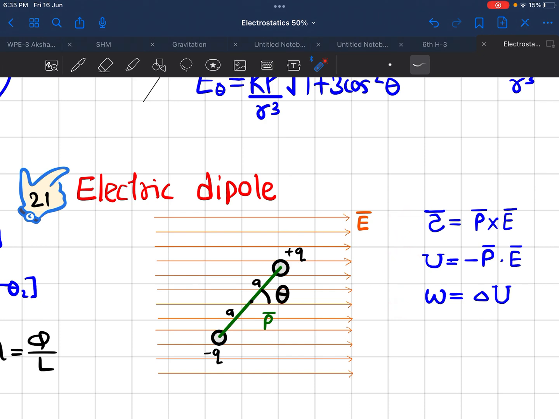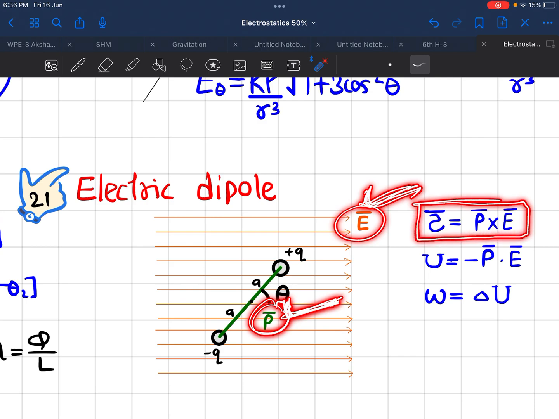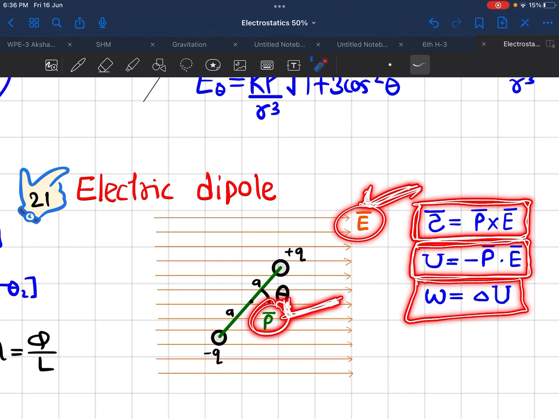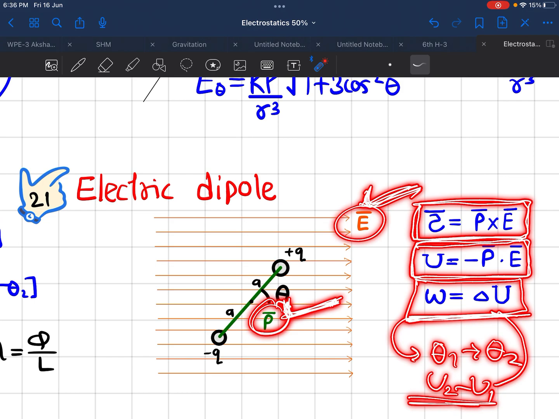If E is the electric field intensity and p is the dipole moment, then the torque acting on the dipole is tau = p cross E. Potential energy of a dipole is U = -p dot E. And work done to rotate a dipole from angle theta 1 to theta 2 is the change in potential energy, that means U2 minus U1.